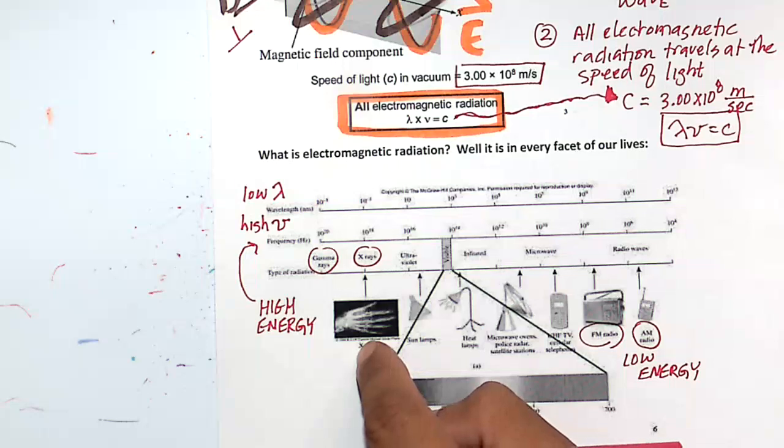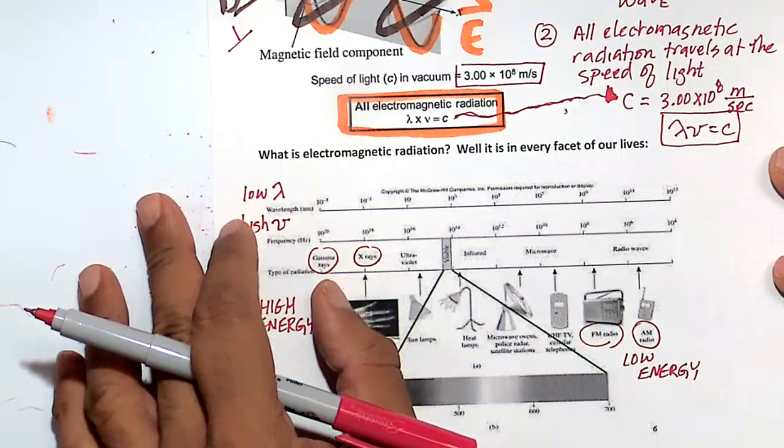In the old days, before they knew how bad X-rays were, when it was first discovered, they would give it to cancer patients. They just zap them, thinking it would kill the cancer, but it would also kill the human, right? So X-rays have tremendous killing power. That's part of the electromagnetic spectrum.